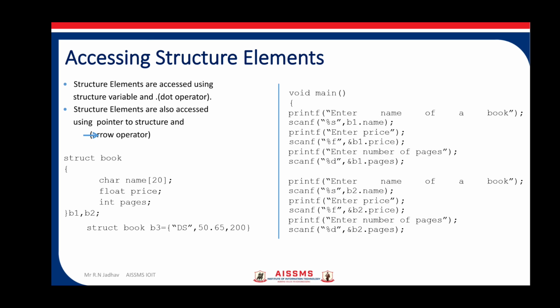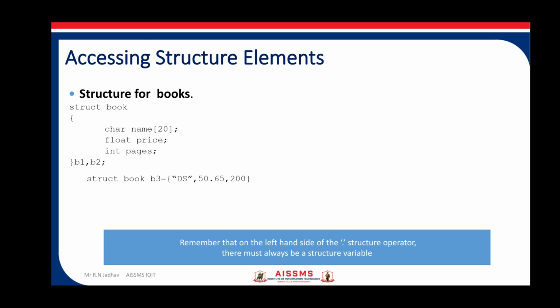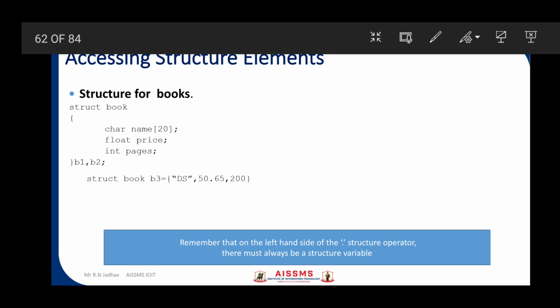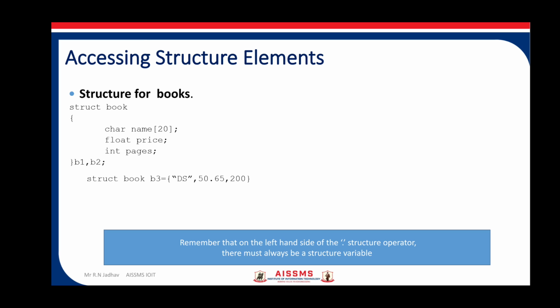First will be your string, second the floating point value for price, and third the integer value for number of pages. So remember that the left-hand side of a dot operator is the variable, and to the right you have the structure element.